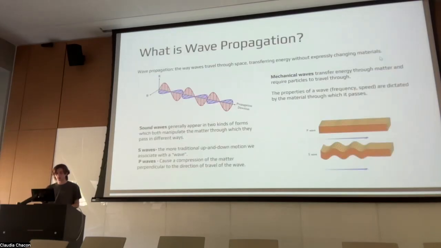So first we delved into wave propagation in general, which is basically just the way in which waves travel through the world around them. Waves transfer energy throughout the world, and they work in multiple different ways. There's S waves, which are the more traditional, up and down motion that you associate with waves most of the time, and also P waves, which cause compression of matter.